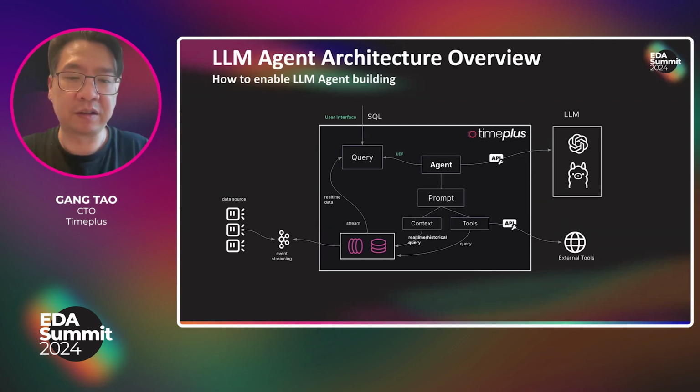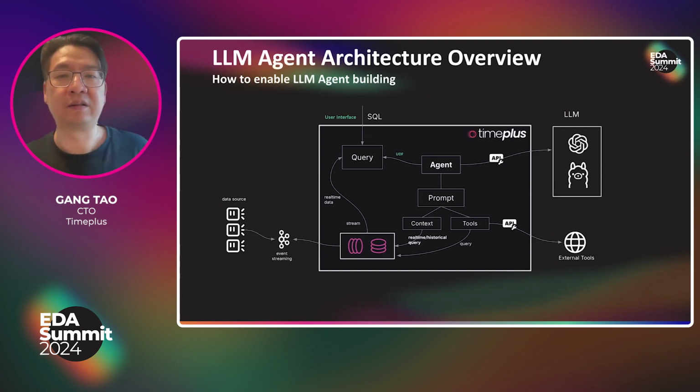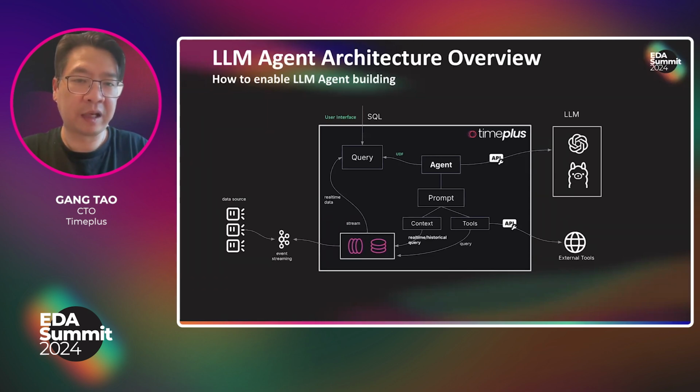So we use this data to build a prompt, and the agent will send the inference request to the large language model and then get the response back. But overall, from the user's perspective, the user only needs to run the query. Everything is done in the query. So this can greatly simplify how the user interacts with the large language model. I will show the demo later.